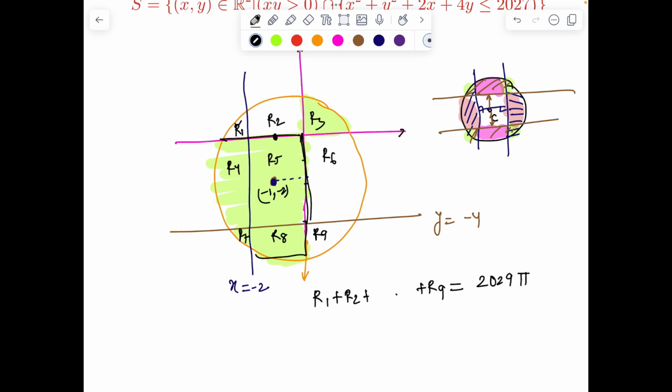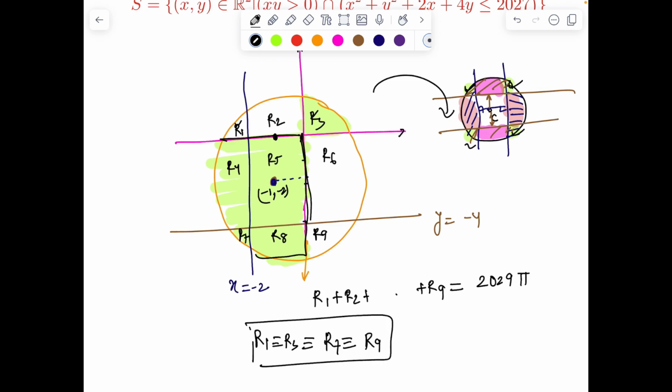Now we know from symmetry that R1 is the same as R3 in area, and that is also the same as R7 and R9. My diagram is not up to scale, so the second small diagram is more appealing than the first one. So area-wise these four are equal by the symmetric argument.